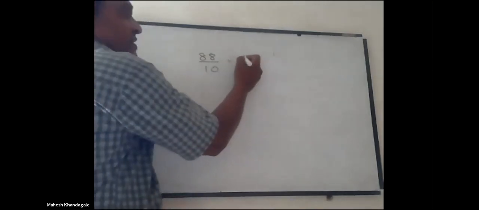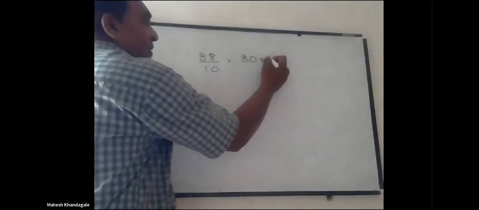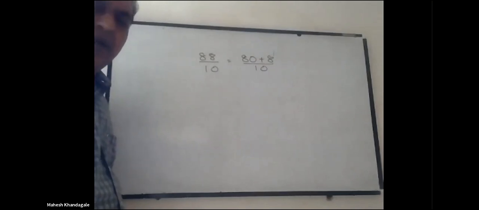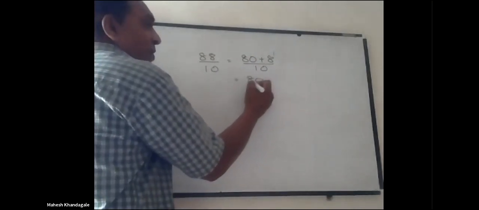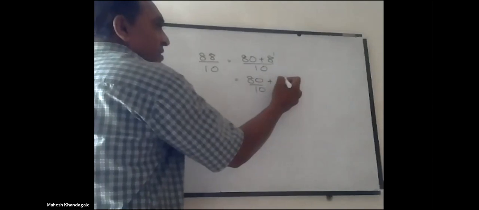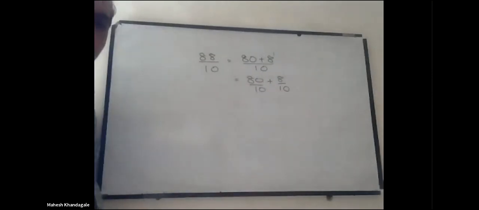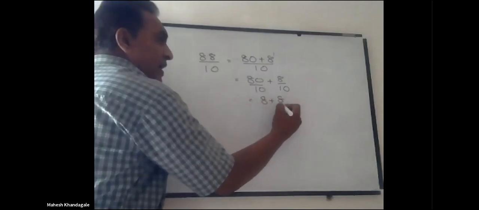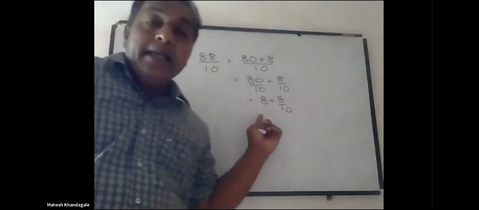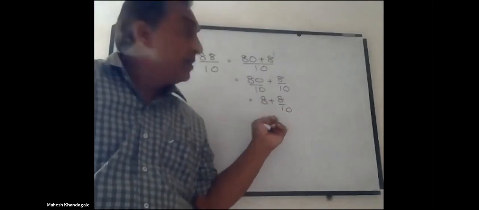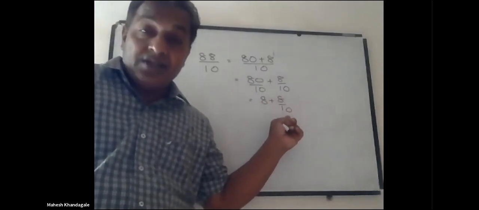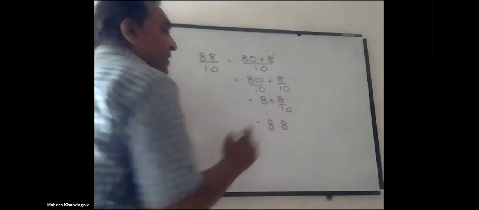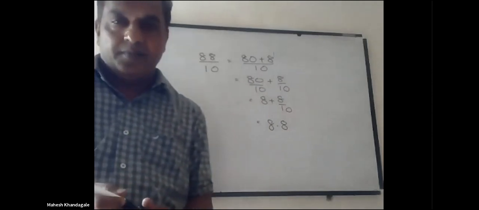So I can write this as 80 upon 10 plus 8 upon 10. So that would be 8 plus 8 upon 10. Meaning what is 8? Units digit. And this is the tenths digit. So I will write the number as 8 point. Understood?